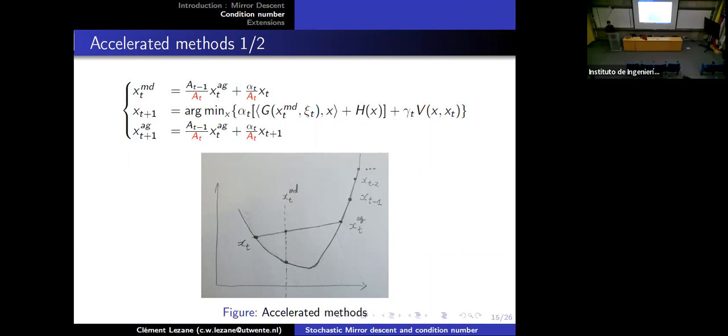If you regularize your problem, it's going to be easier to solve. But you always have to find a good balance, because if you put too heavy a regularizer, then the solution you find is not going to be close to your original problem.